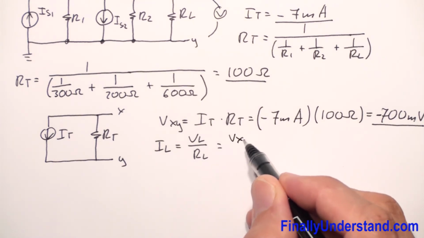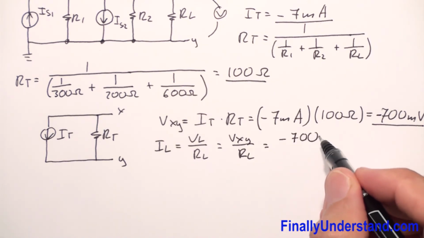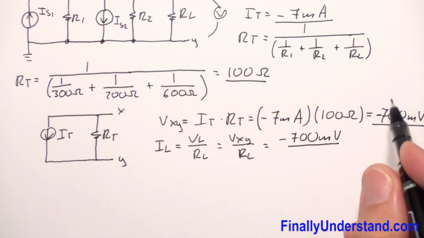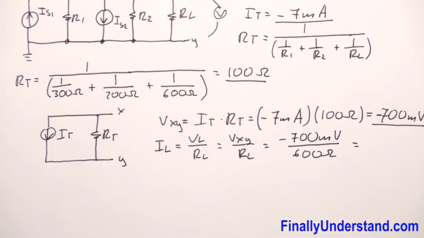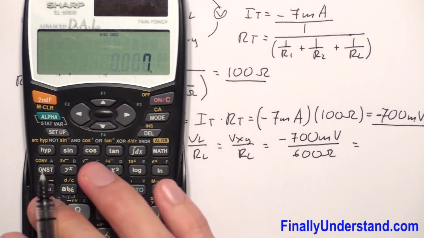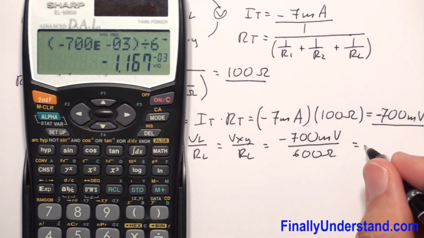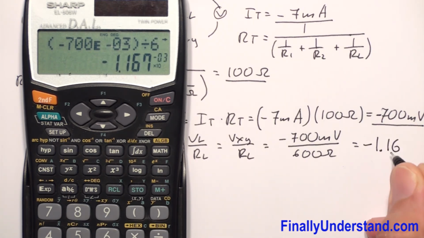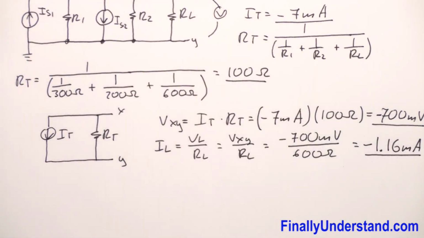So let's put VXY over RL, which is equal negative 700 millivolts over RL, which is equal 600 ohms. This is equal negative 700 times 10 to the negative 3 divided by 600. This is equal negative 1.16 milliamps. Okay, so this is my IL.